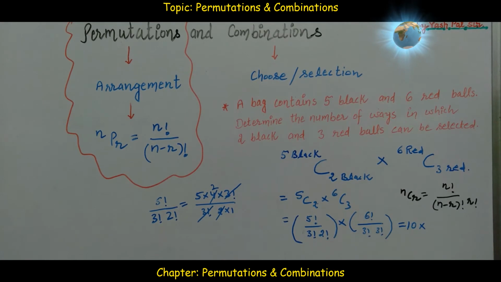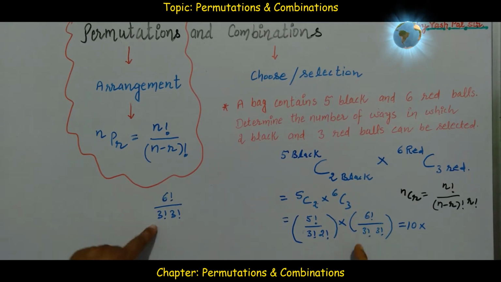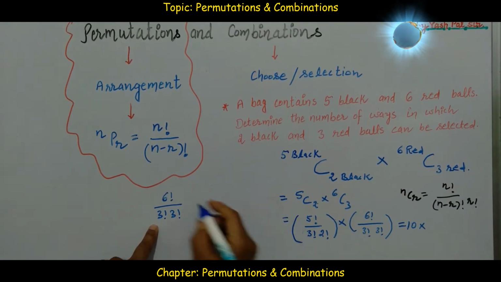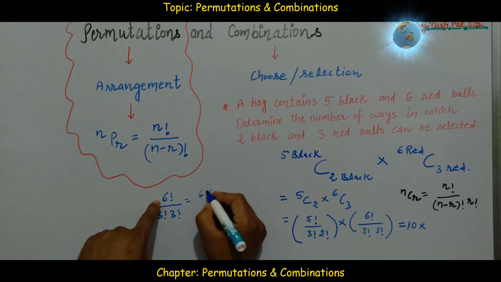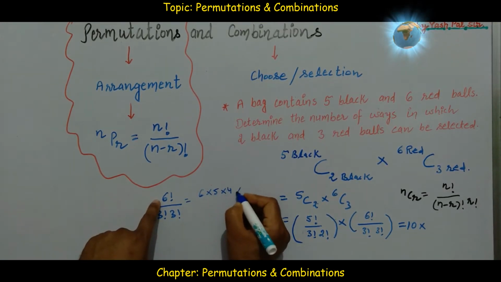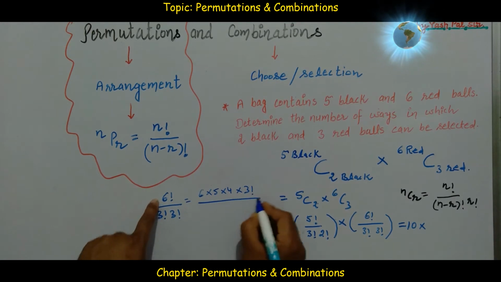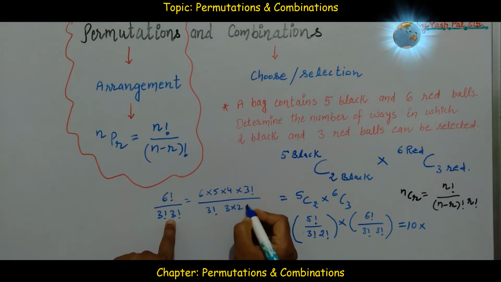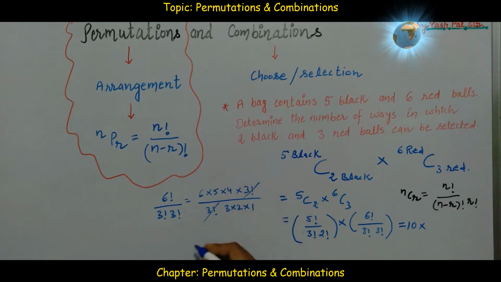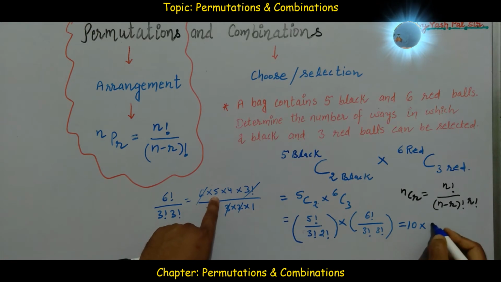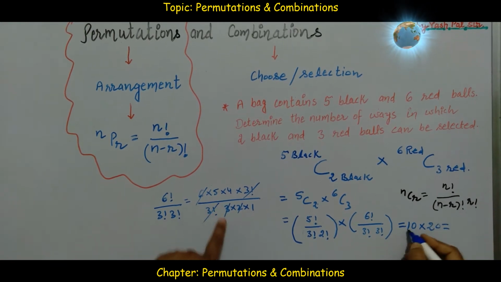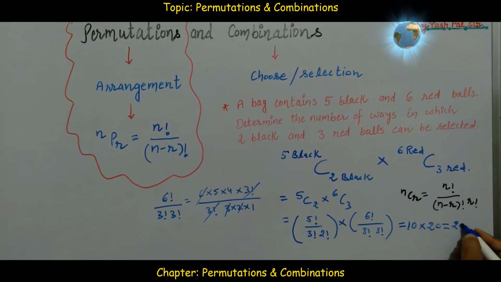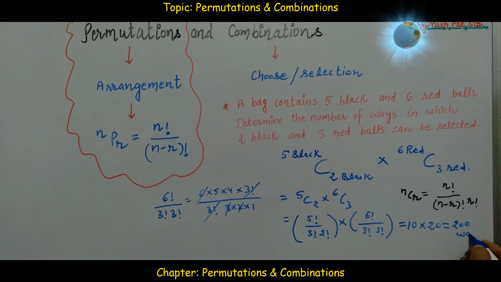Likewise here, 6 factorial upon 3 factorial into 3 factorial is 6 into 5 into 4 into 3 factorial, divided by 3 factorial into 3 factorial, meaning 3 into 2 into 1. 3 factorial cancelled, 3 into 2, 6 cancelled, 5 into 4 is 20. So the answer is 10 into 20, 200 ways.